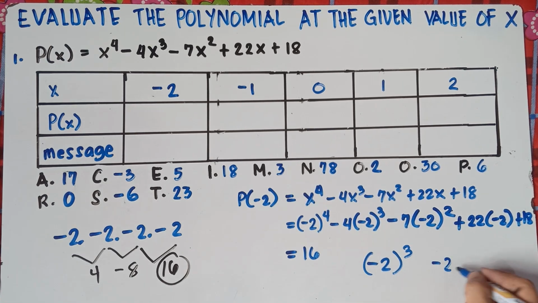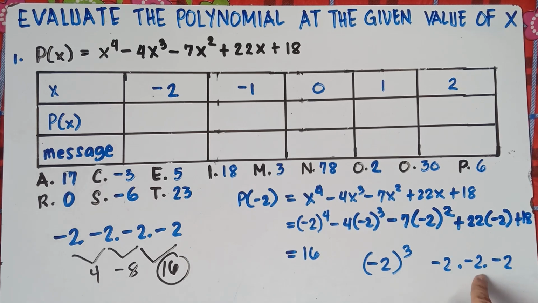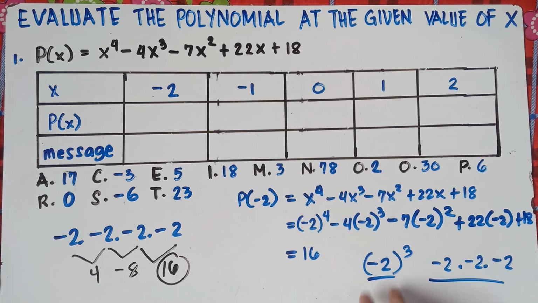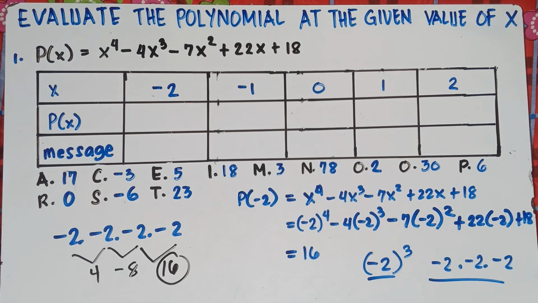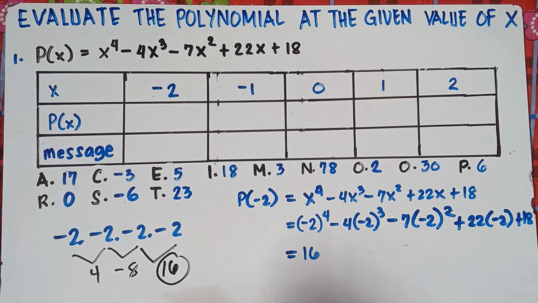That's negative 2 times negative 2 times negative 2. Negative 2 times negative 2 is positive 4, times negative 2 is negative 8. So if a negative number is raised to an odd power, your answer is negative. If a negative number is raised to an even power, your answer will be positive. So this will be positive 16.